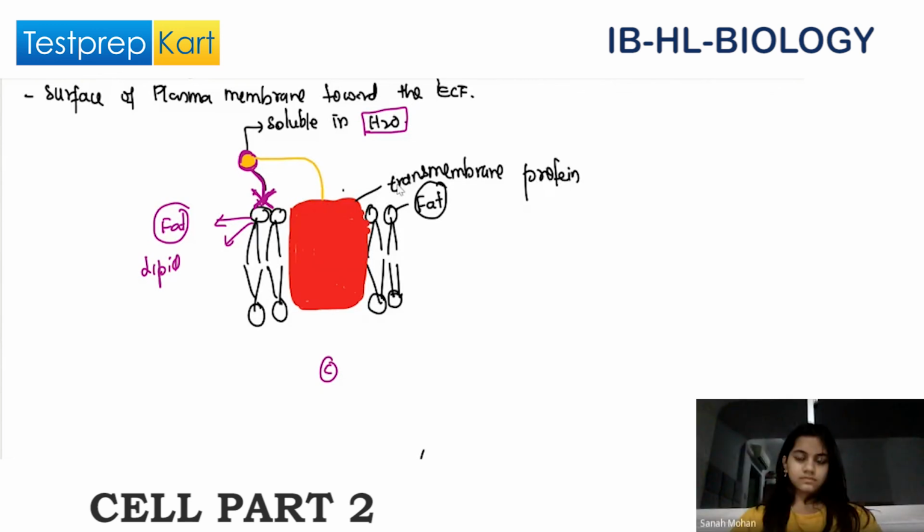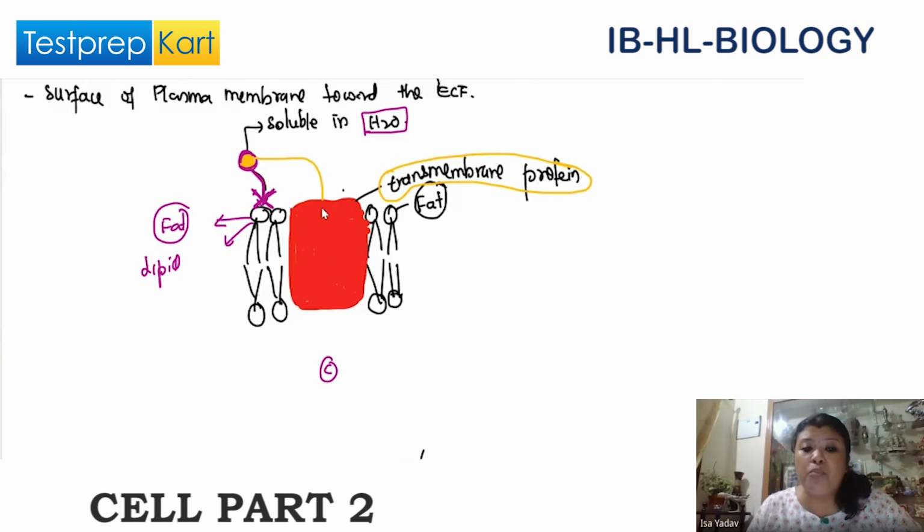What is this? Transmembrane protein. So the transmembrane protein will allow the transport of water soluble components from outside of the cell to the inside.